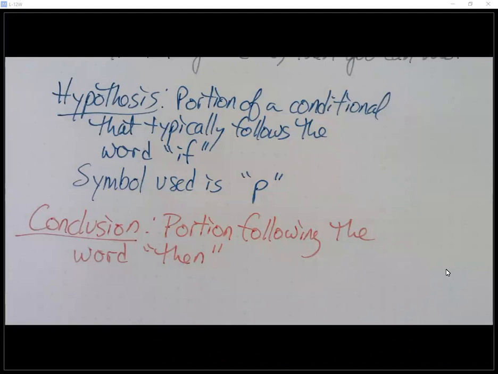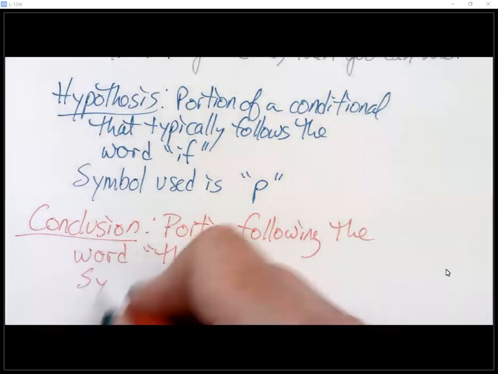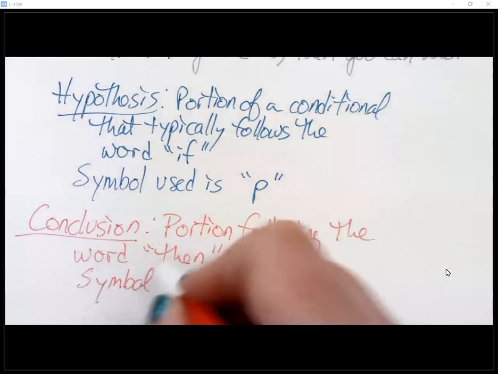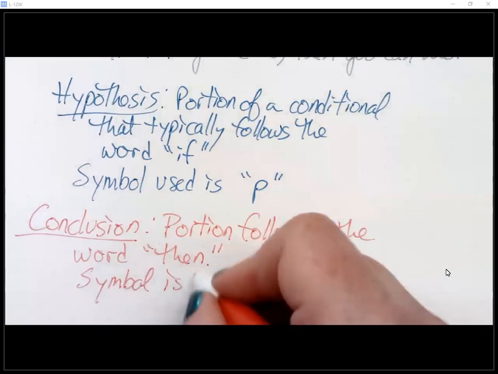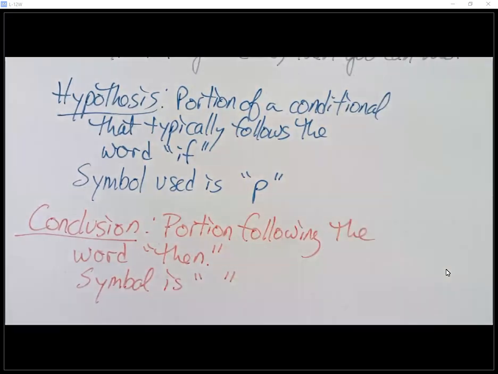Okay, so the conclusion is just the chunk of the sentence that follows the word then, and its symbol, want to guess what letter? Q of all letters, right? A lowercase q. Why? I don't know. But we have P and Q.